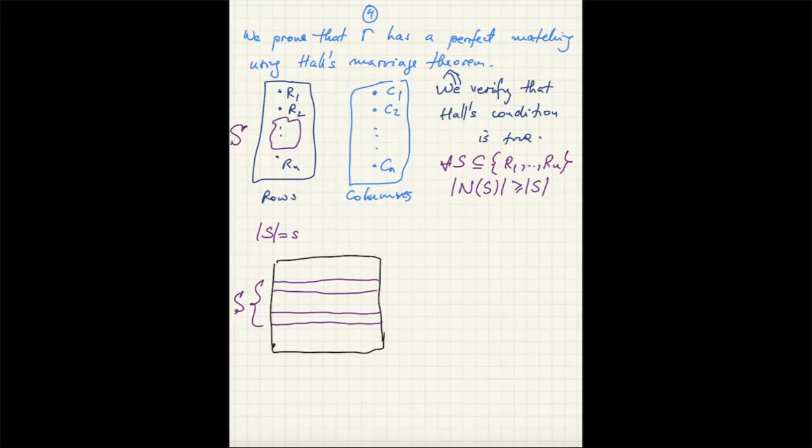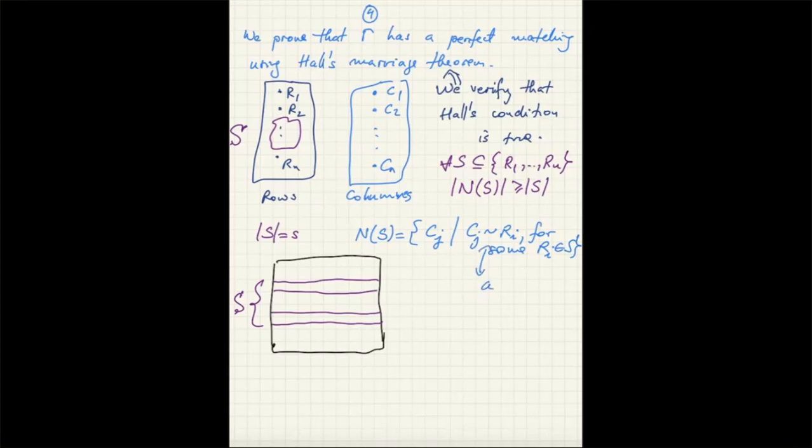of rows. Now, what is the neighborhood of S? By the definition, the neighborhood of the set of vertices, N of S, let's write in terms of columns, consists of all the columns Cj such that Cj is adjacent to some row i in the set S. But what does it mean that Cj is adjacent to row i?